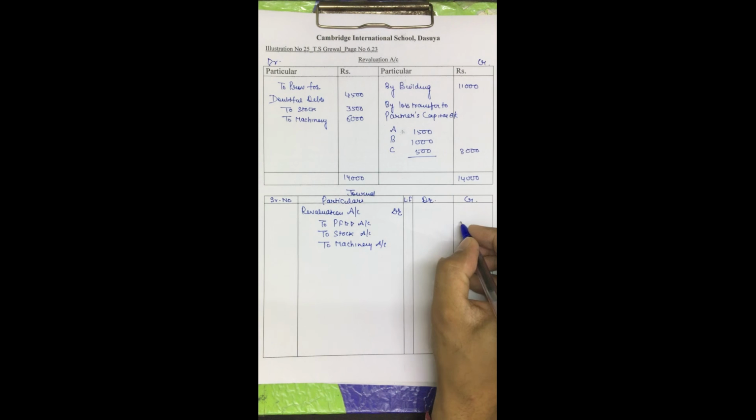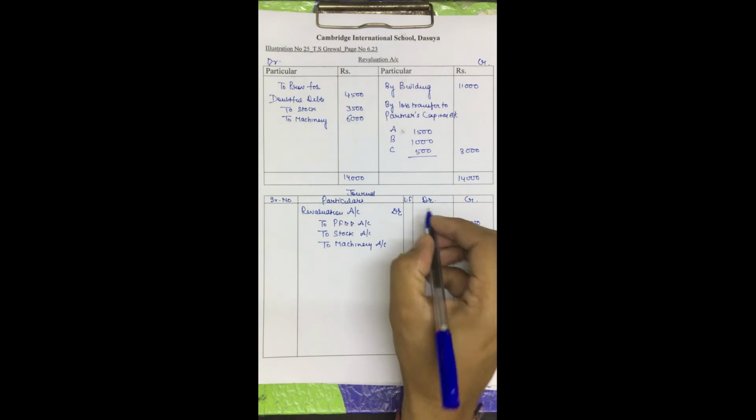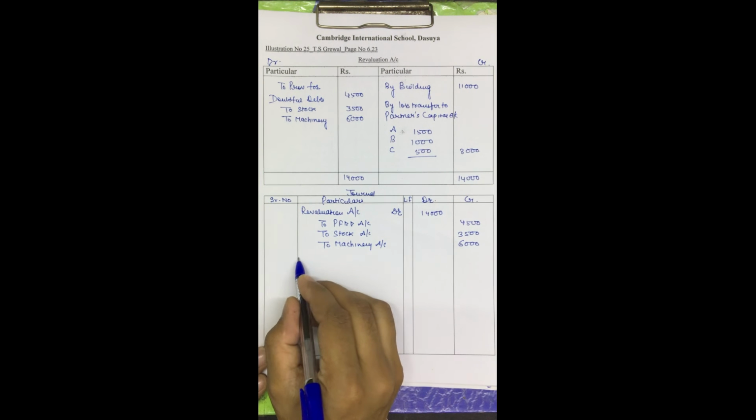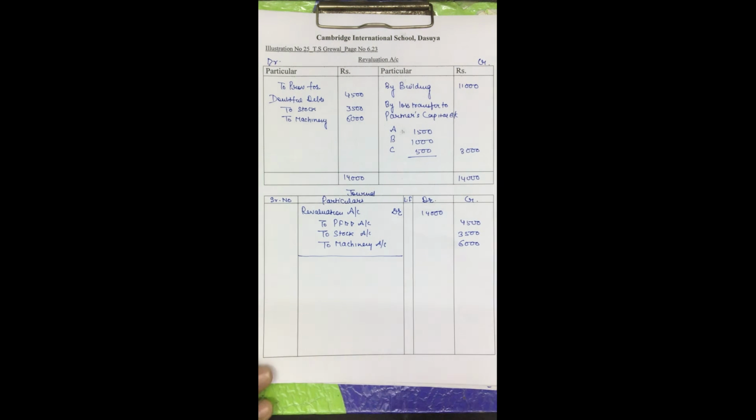So we will write here 4500, 3500 and 6000, and total will come 14,000. You will write the narration here, then pass just total, put a line.